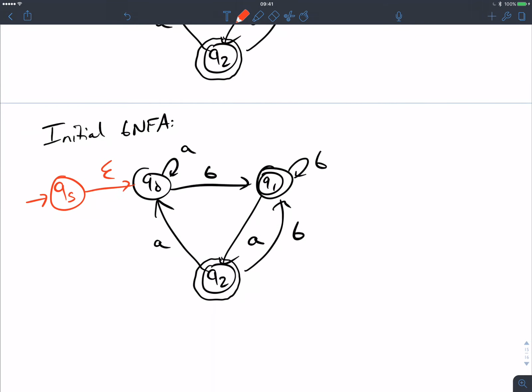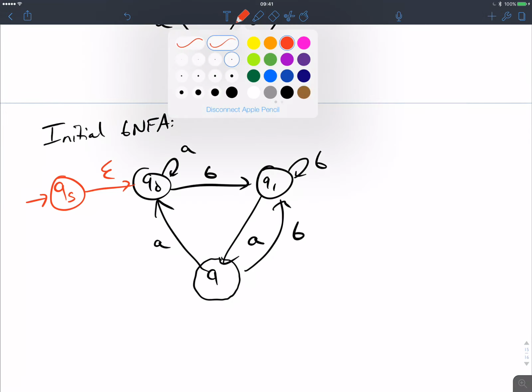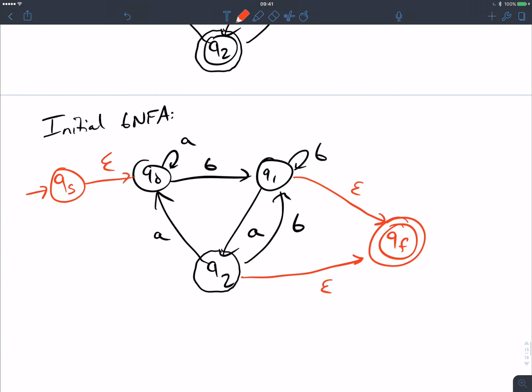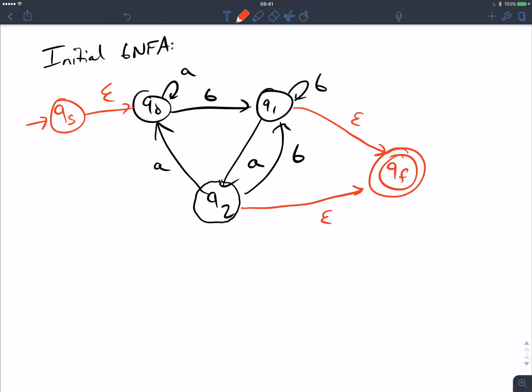And then what else? Exactly. So I'm going to make a brand new final state, QF, I'm going to call it, and epsilon my way from all old final states. A lot of people missed points on the midterm because they didn't include this initial GNFA.